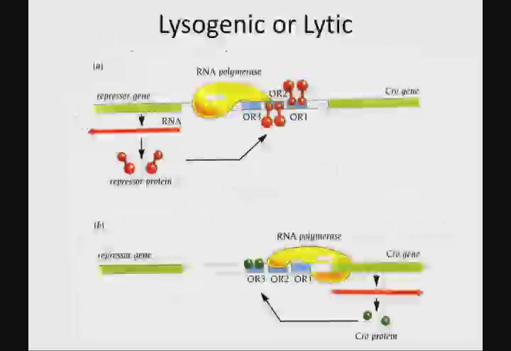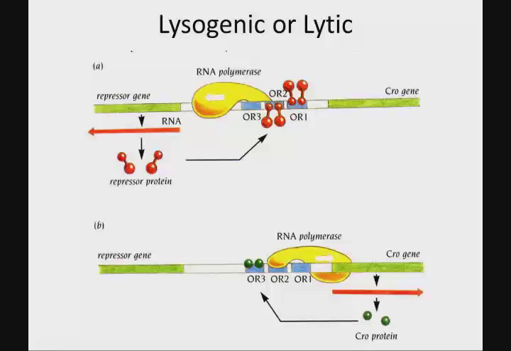So lysogenic or lytic. What we see at the top is repressor protein being expressed, and you can see it binding then to operator region 2 and 1, actively loading RNA polymerase on, expressing more repressor protein. This is effectively going to maintain the virus as a prophage in the lysogenic state.